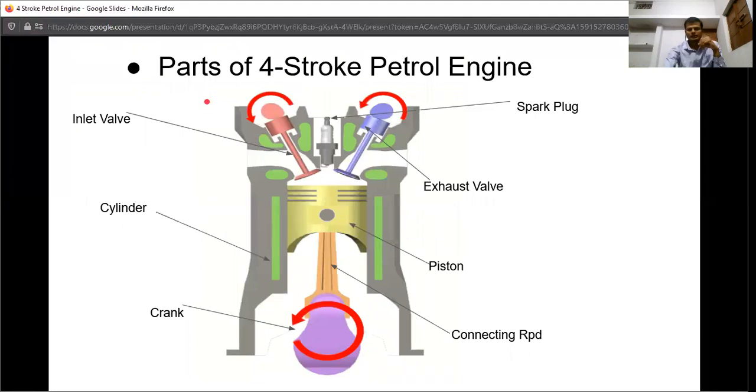So these are the basic parts of a four-stroke petrol engine. This part is called the engine cylinder. It contains gas under pressure and guides the piston.